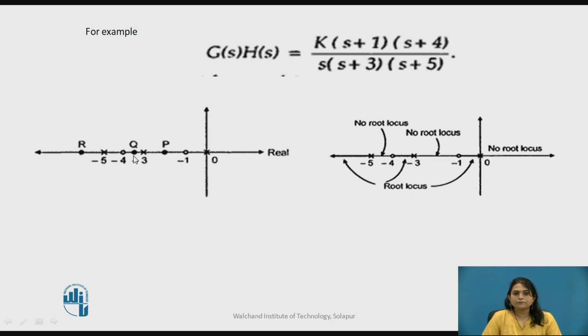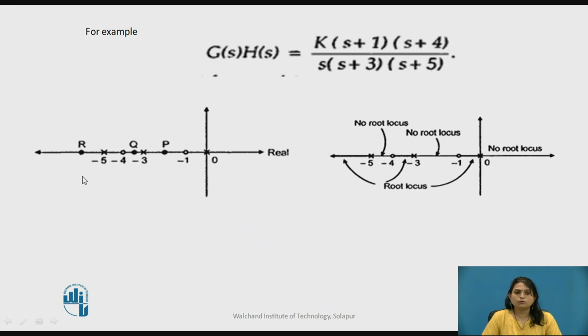For the Q point, if we consider the right side of the Q point, there are 2 poles, 0 and minus 3, and 1 zero, that is the minus 1. So here addition is 3, that is odd. So here root locus will be there in between minus 3 and minus 4. Now for the point R, to the right side of the R, we can say that here 3 poles and 0 is there.